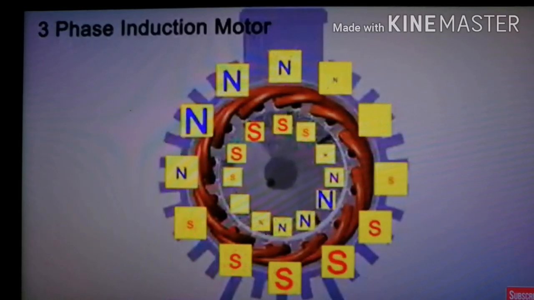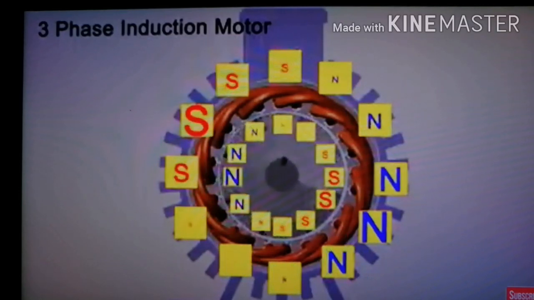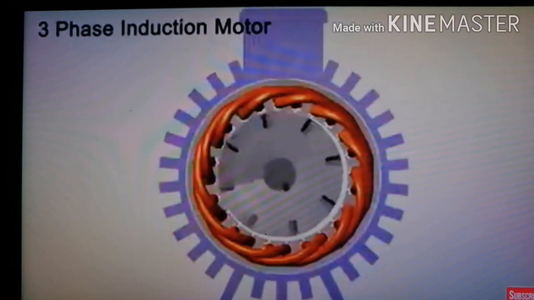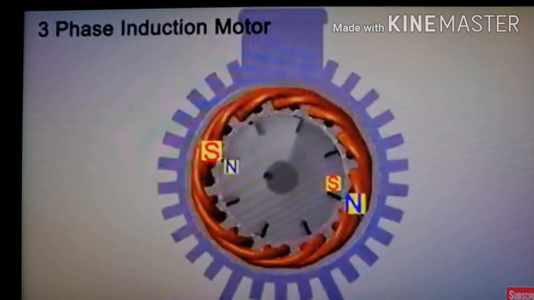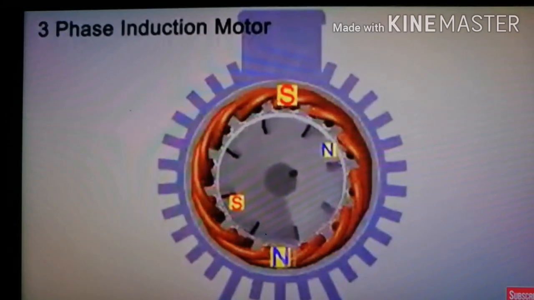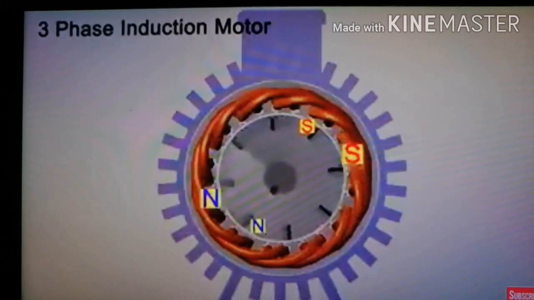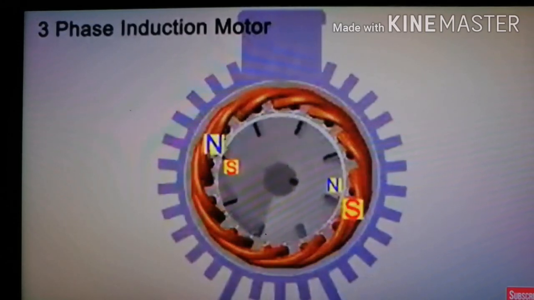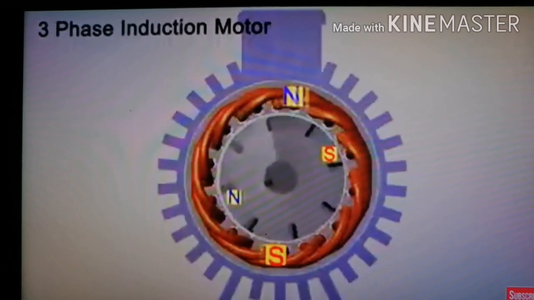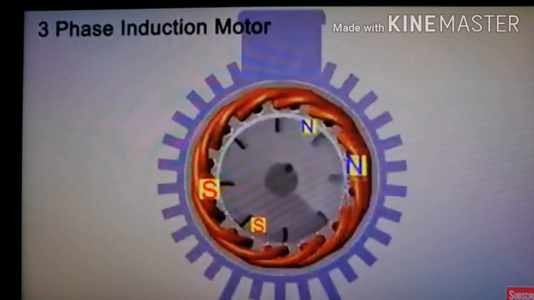Rotor poles always try to catch the rotating poles on the stator frame, but they cannot achieve the same speed, because if the rotor rotates with the same speed, then there will be no relative motion between stator poles and rotor poles, and hence there is no change in the flux experienced by the rotor, and in that case the EMF induced in the rotor conductors will be zero.